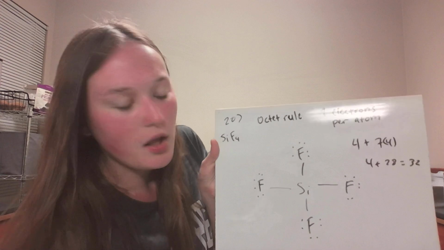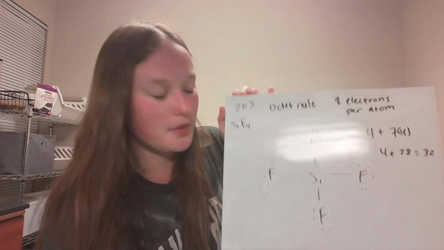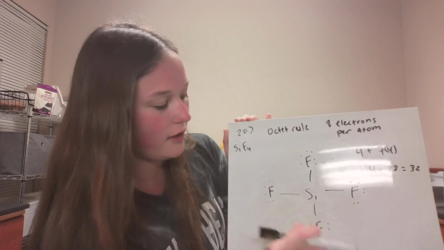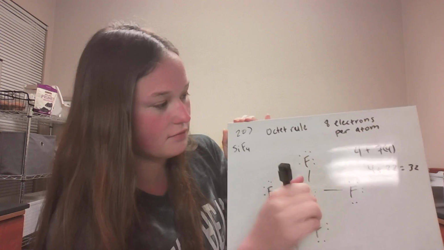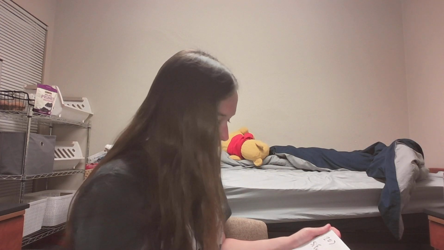It's 32. Since this doesn't violate the octet rule, and these don't violate the octet rule because it's 2, 4, 6, 8 on the silicon, then this one is not the right answer. It's just a normal one. Boo-hoo.